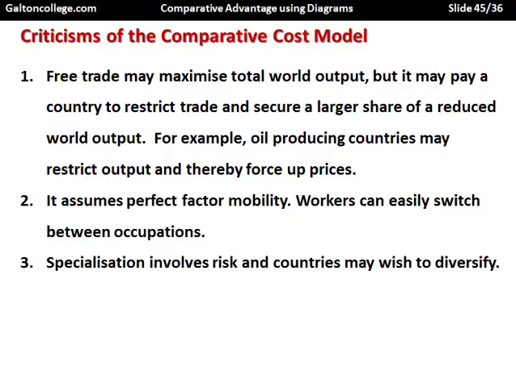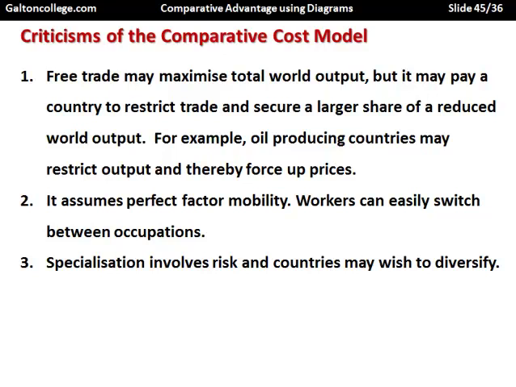Specialization involves risk, and countries may wish to diversify. In the example we had with America just producing coal and the UK producing potatoes, that means that the UK is entirely dependent on America for coal. Well, what if there is a political problem between the two countries? What if they have a falling out over something?